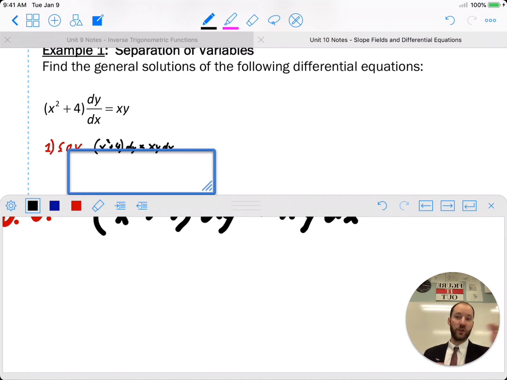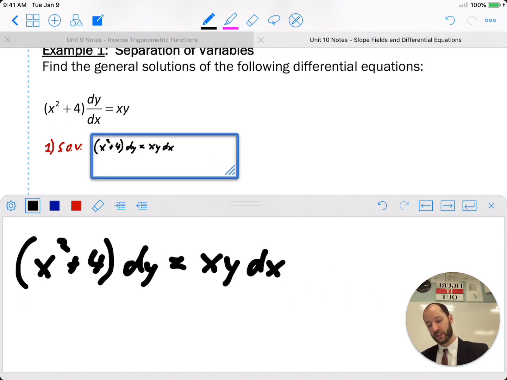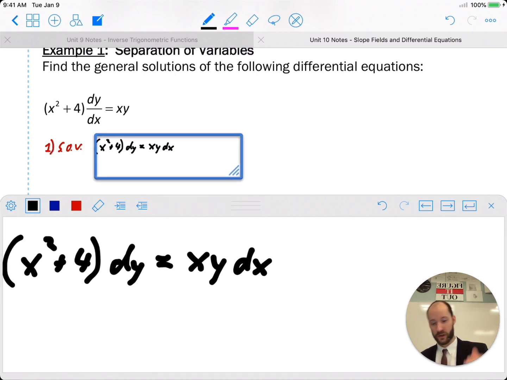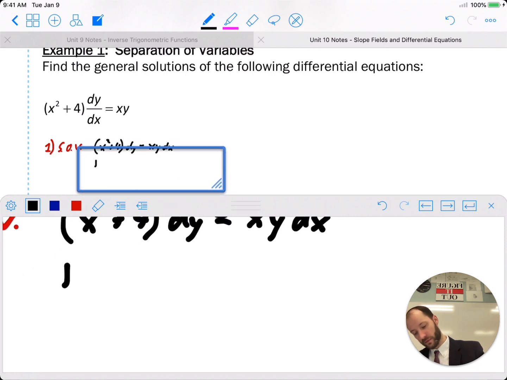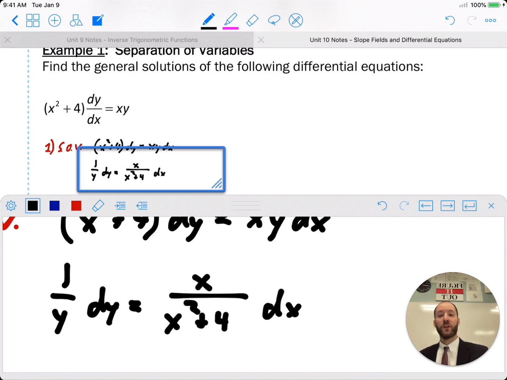Now on kind of two steps at once, let's divide the quantity x squared plus 4 over. Let's also divide the y over. So 1 over y dy equals x over x squared plus 4 dx. So we have our separation of variables.